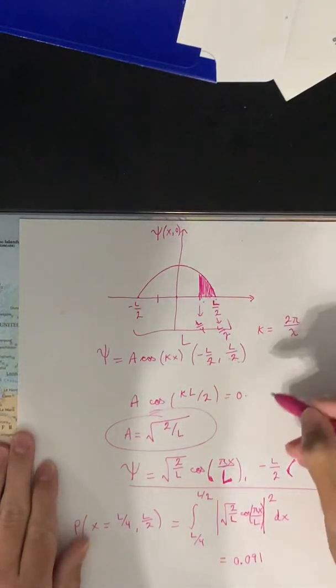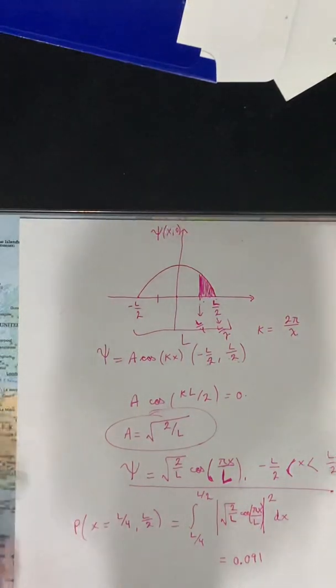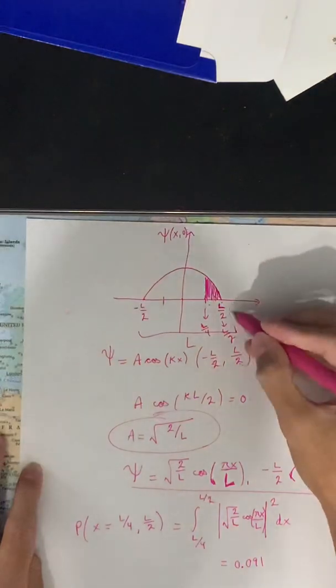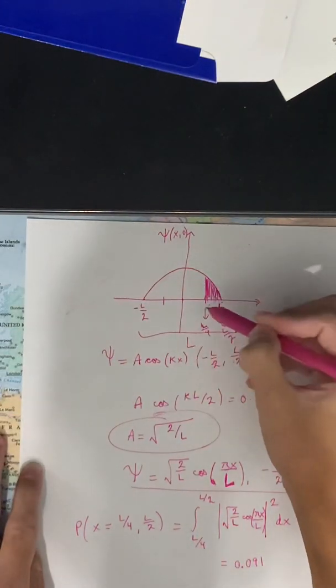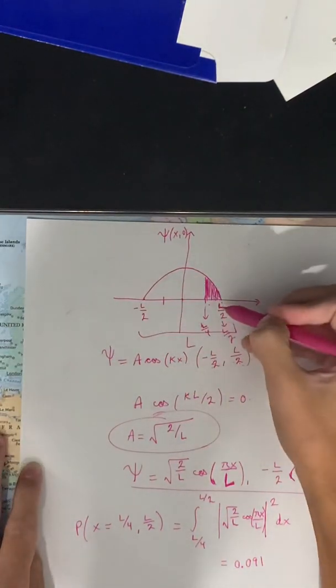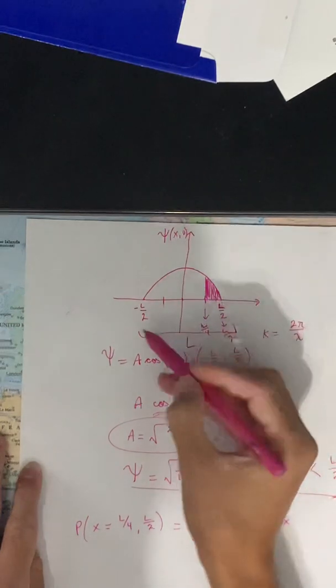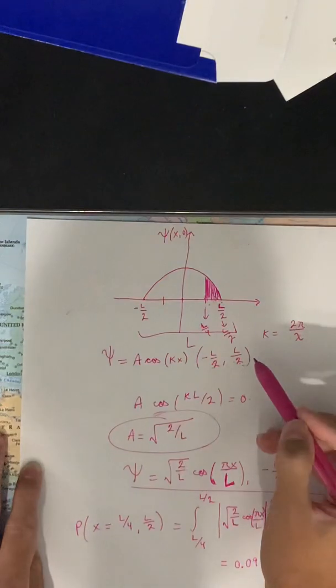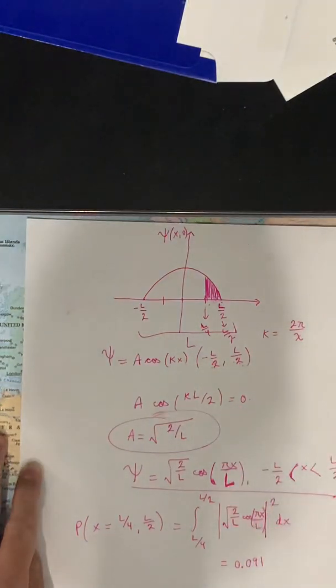And we talked about it being 1. So all probabilities from negative L over 2 to positive L over 2, if the ball is traveling in this length, or this tube of length L, then we know the probability of finding this ball in there is 100%, because it's traveling in that tube.